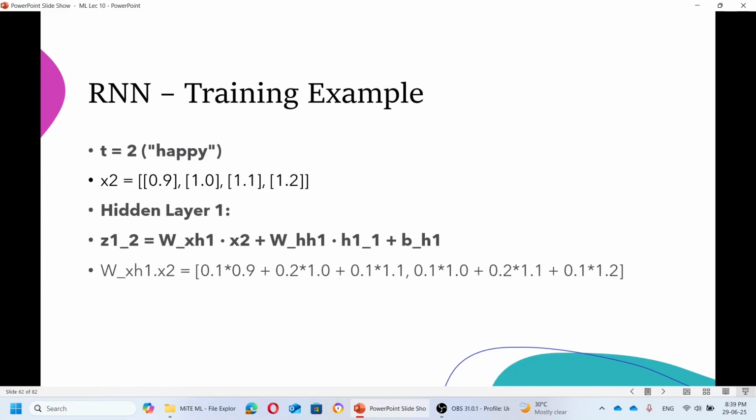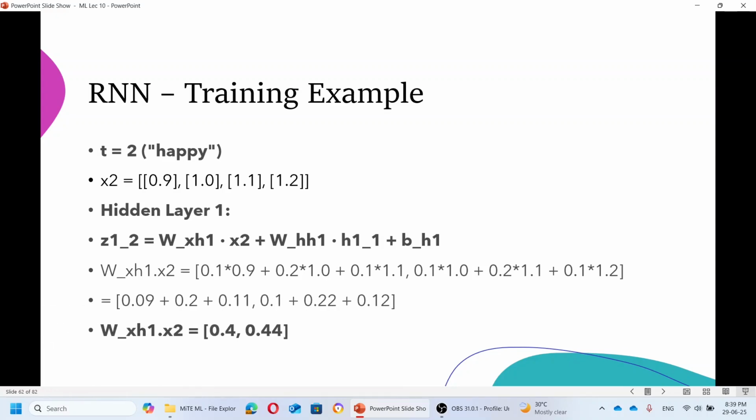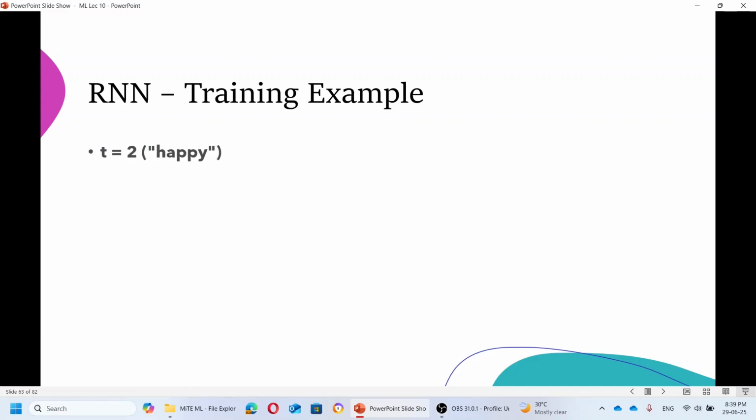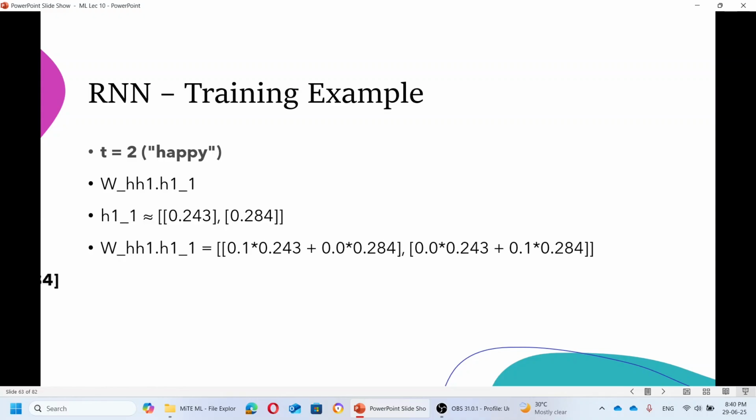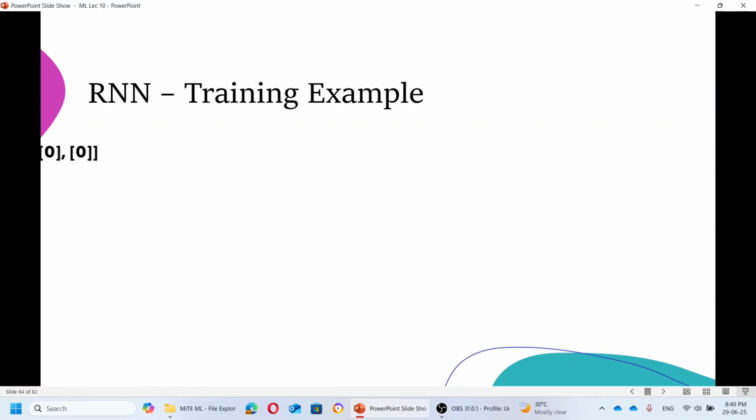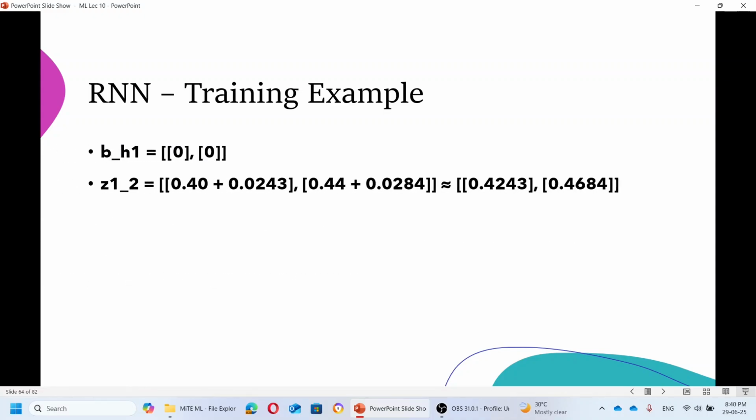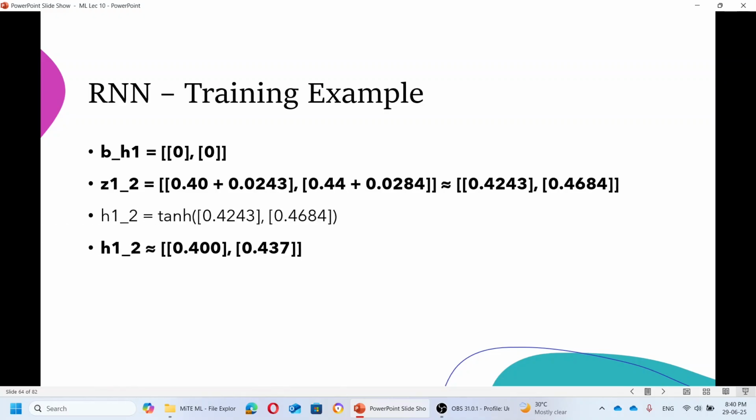And then for t is equal to 2, we do the same process. So finally we get H12 is equal to 0.400 and 0.437.